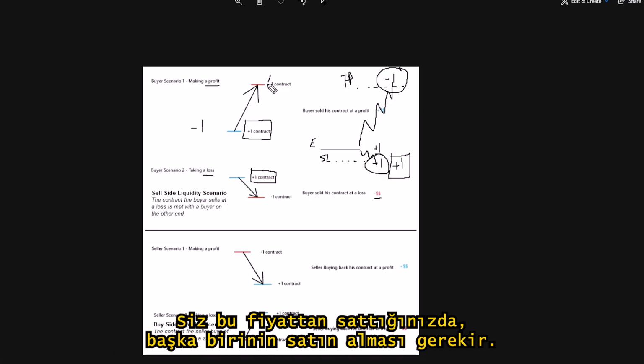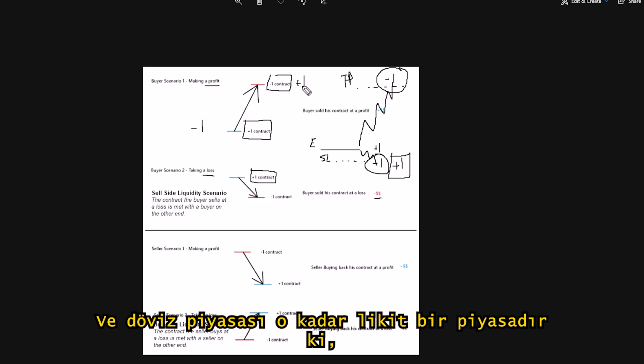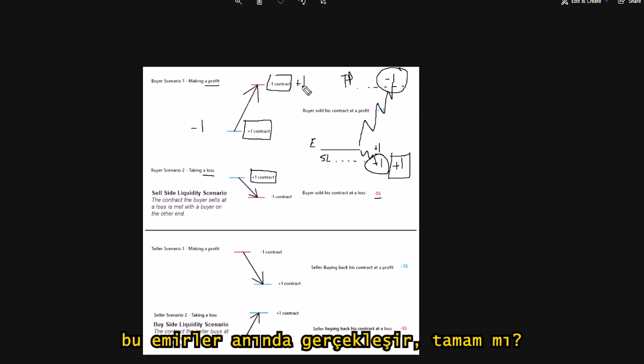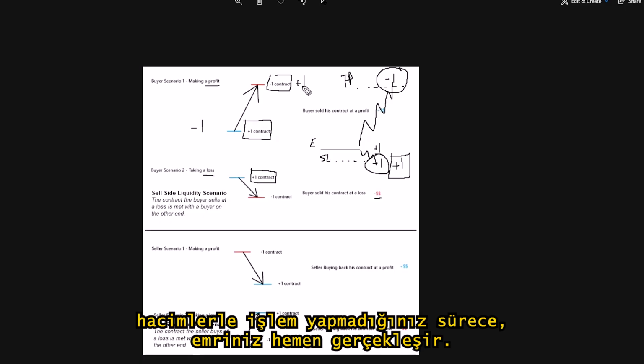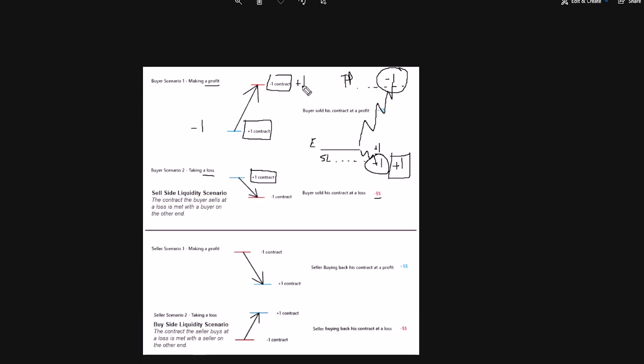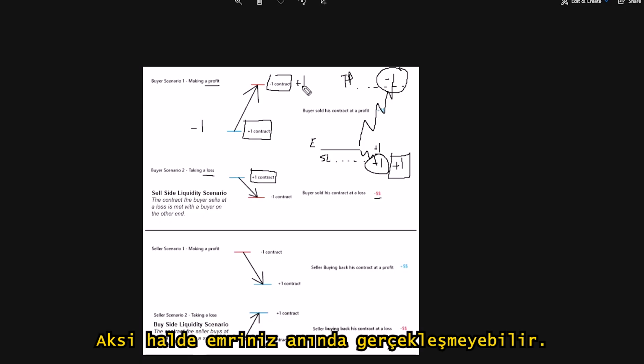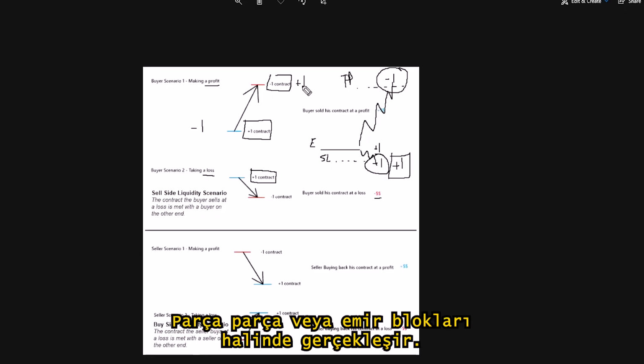When you're selling at this price, someone else must buy. In the currency exchange market, it's such a liquid market that these orders are filled instantly, unless you're trading huge institutional level volume. Then your order wouldn't get fulfilled instantly. It would be fulfilled in chunks or in order blocks.